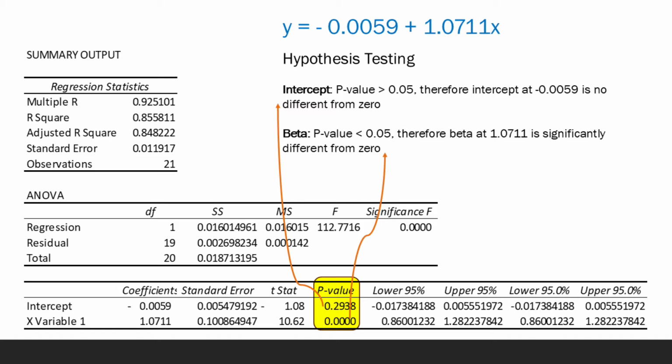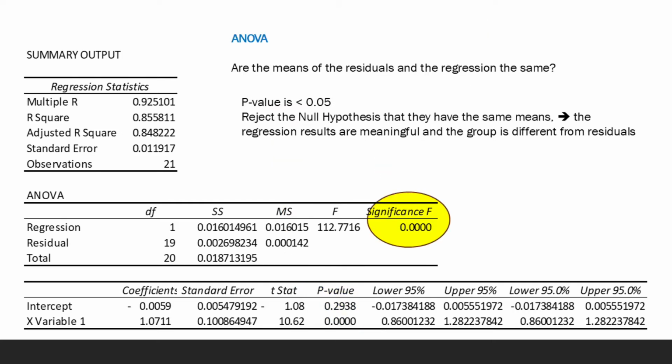However, we reject the null hypothesis that the beta is 0, indicating that beta is significantly different from 0. Taking a look at the ANOVA results, we know that we reject the null hypothesis that the means of both residuals and regression are the same, indicating that the regression results are significant and different from the residuals.